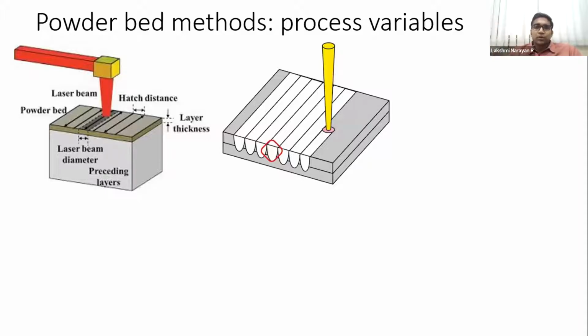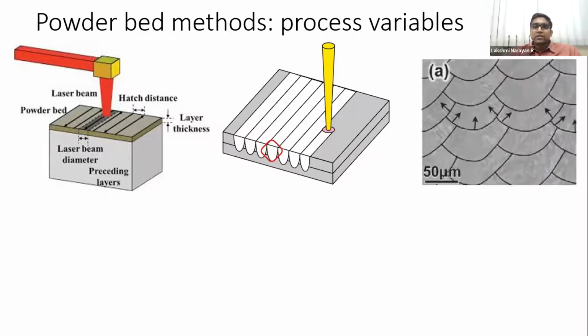All right. So generally, the semi-elliptical or semi-circular zones are overlapping, and you see a very nice structure which looks like this. You can clearly see the arrows here showing the direction in which solidification occurs, or the direction in which the solidification front is moving, or you could say the thermal gradient is also around this direction, which leads to the formation of columnar microstructures.